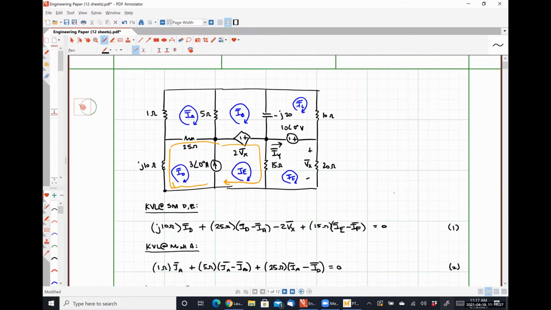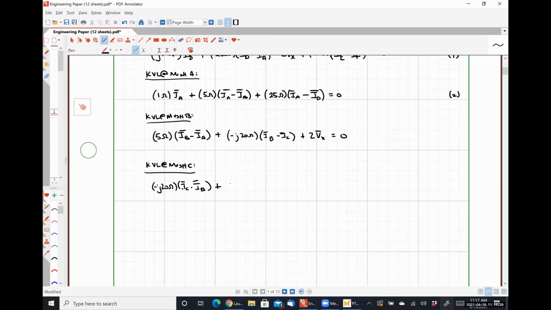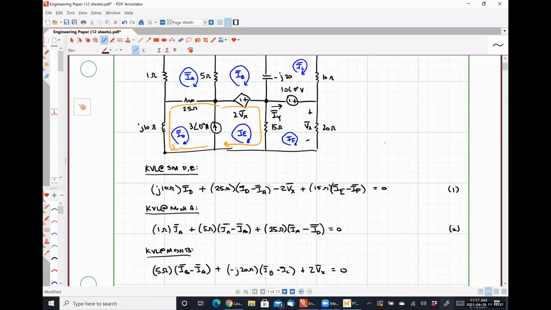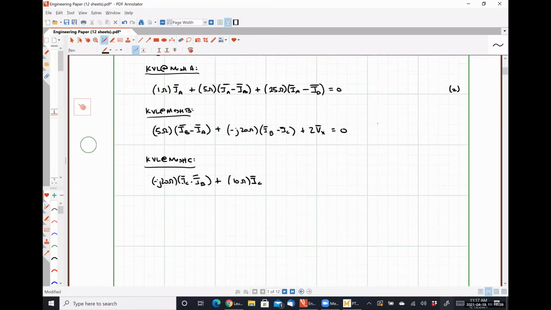Then I see my 10 ohm resistor times IC. Then I see the positive polarity terminal of my 10 volt source. Takes care of that guy.